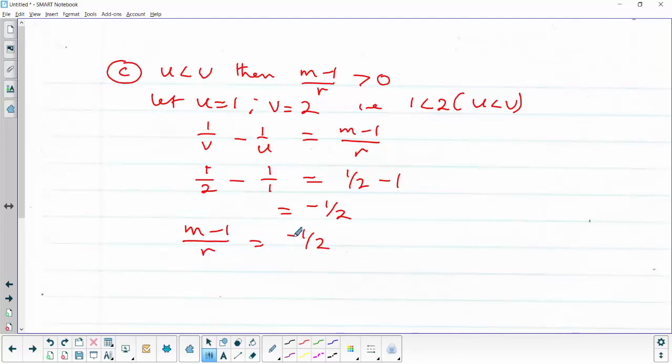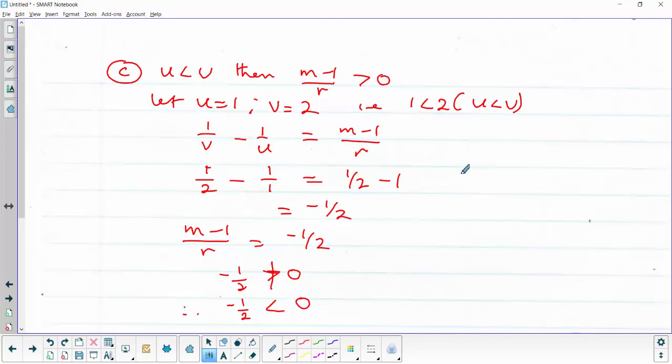So let us go back to the condition: minus half greater than 0. But when we check this very well, this statement is not correct. Minus half is not greater than 0. Therefore, minus half is less than 0.